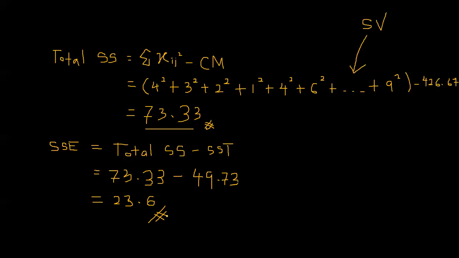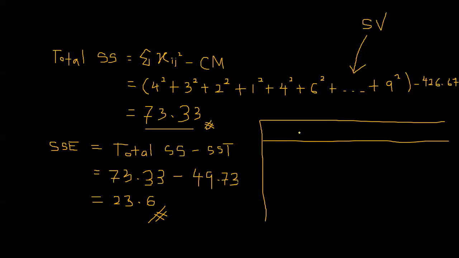Okay, now after you got all the value for SSE, the total SS, the value for common mean CM, the value of SST, okay, you can start to convert all the value into the ANOVA table. Okay, so you must draw your table, draw the ANOVA table.